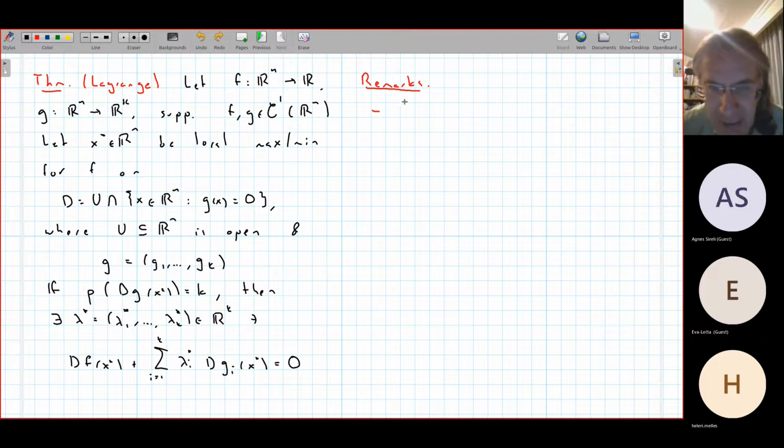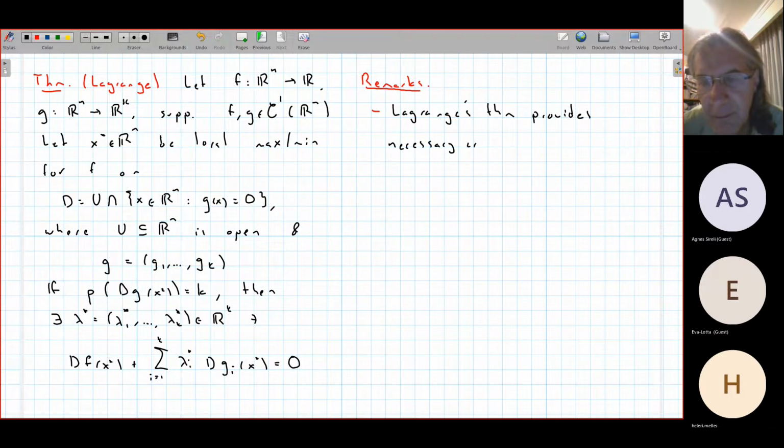So Lagrange's theorem provides necessary conditions for some vector in Rn to be a local maximum or a local minimum.